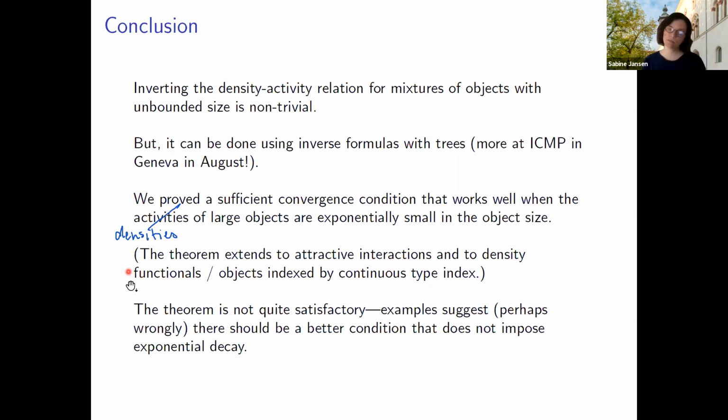I want to mention again, though I didn't type it down, that the theorem actually also extends to attractive interactions beyond hardcore. And you can do stuff where instead of having spheres of different sizes, maybe you want to have density profiles, rho of x, that depend on some position. So there's a link with density functionals. Or you could say, well, what if your set of possible sphere radii is not discrete but continuous, et cetera.